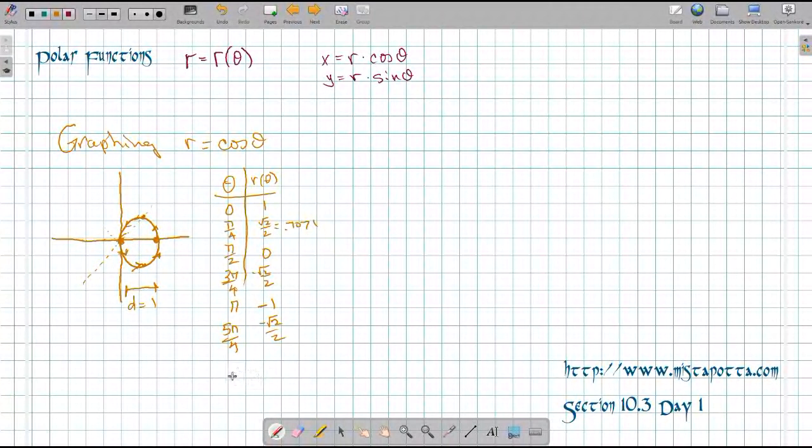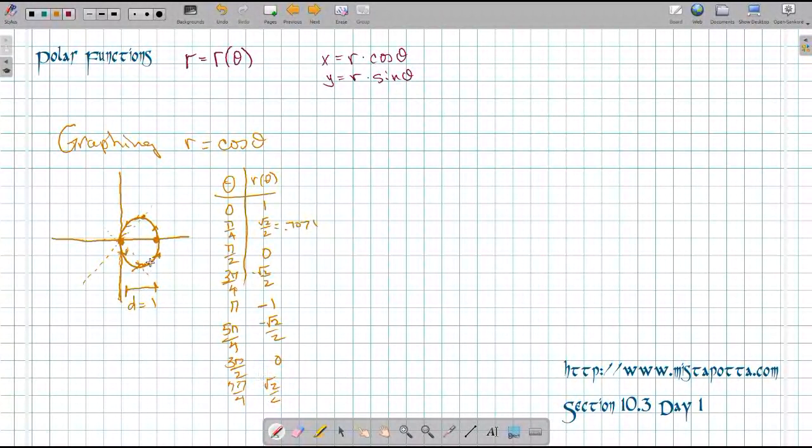And if I complete this table, I'll see that at 3 pi over 2, I end up with 0, which means when I'm on this y-axis, my coordinate is back at 0. At 7 pi over 4, now I'm in this fourth quadrant, but along this line, I'm root 2 over 2 away.